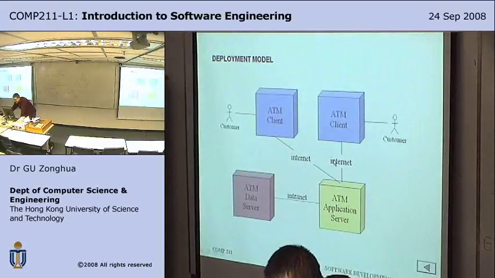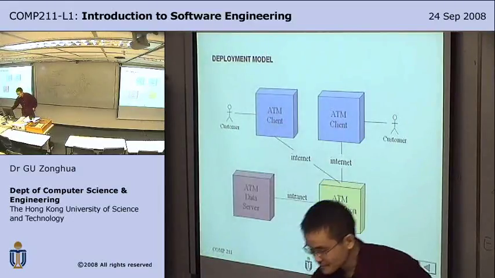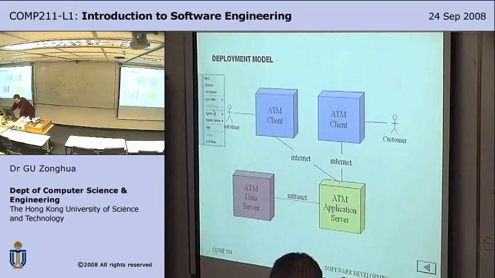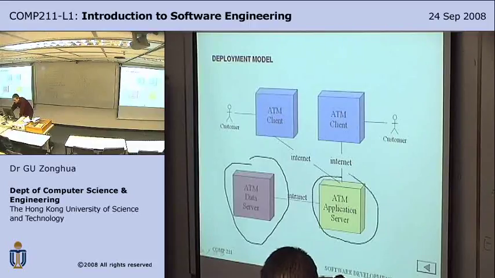So here's the deployment model, where you have a database server, the ATM database, and an application server connected via intranet within the bank, and then via the internet they're connected to the ATM client. That is the software running on the ATM machines, and eventually interacting with the human customers.